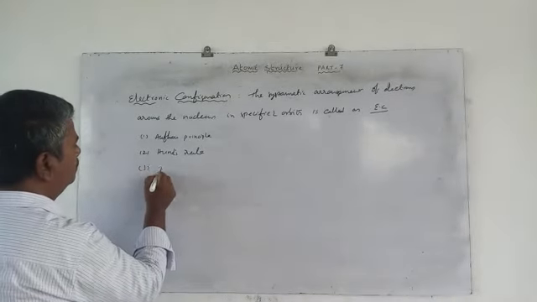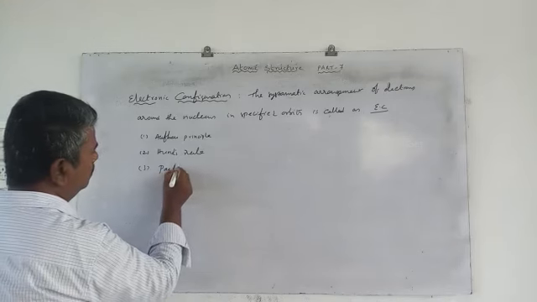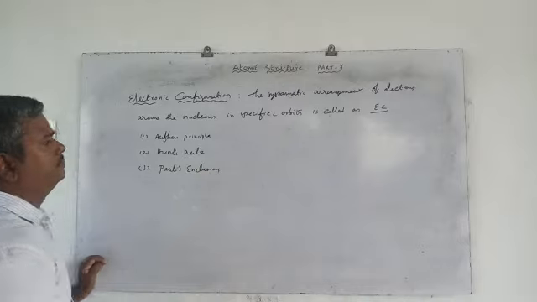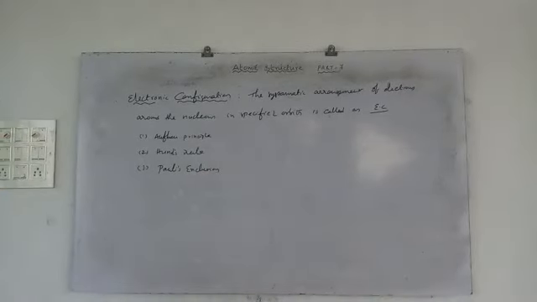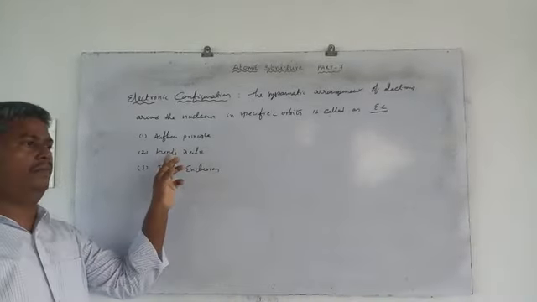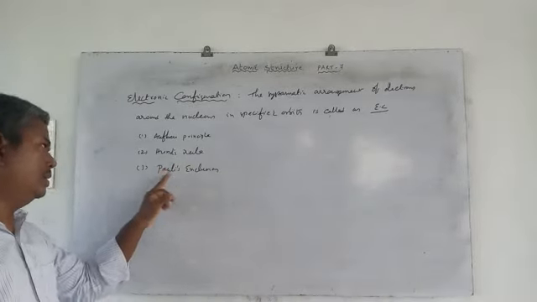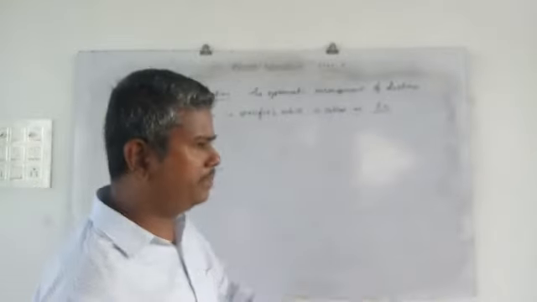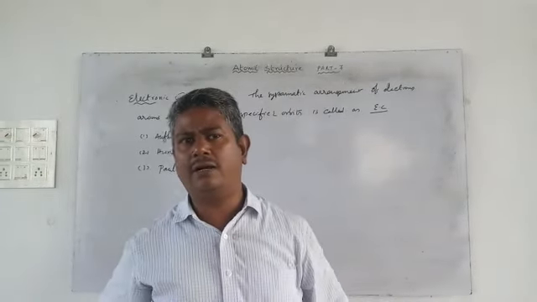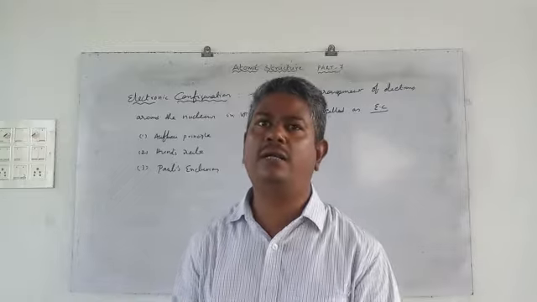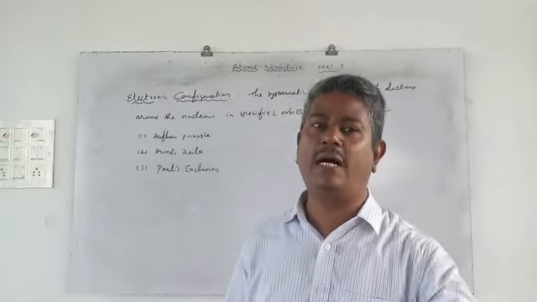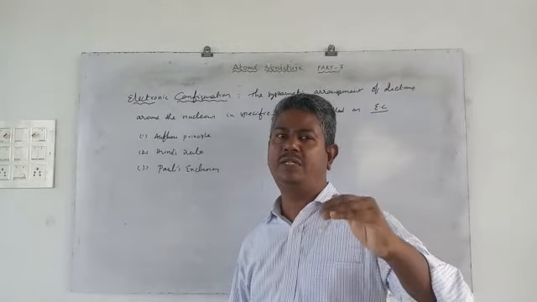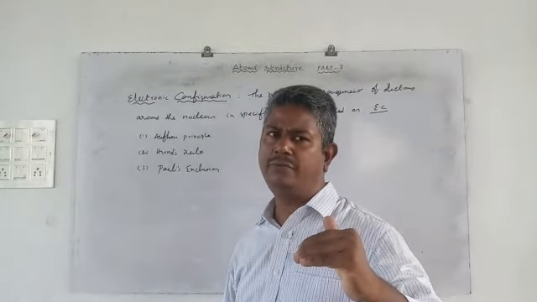Third one, Pauli's exclusion principle. These indicate how the electrons are filled up in specified orbits. We can follow these rules. Now each one will be discussed here.